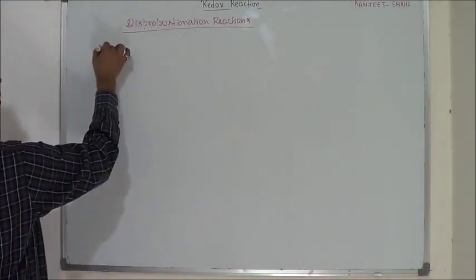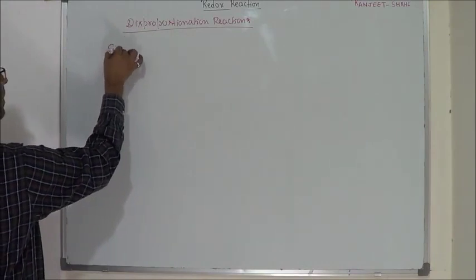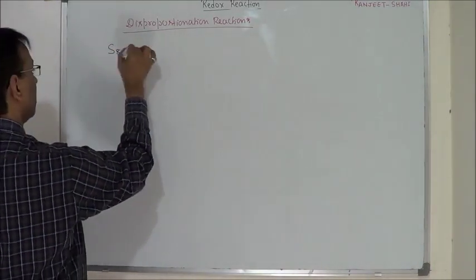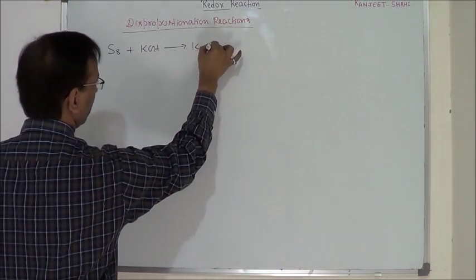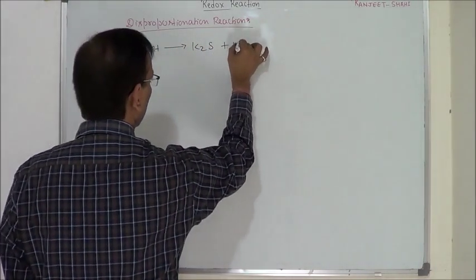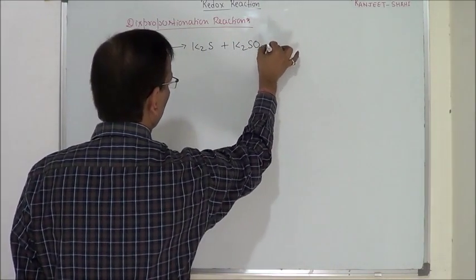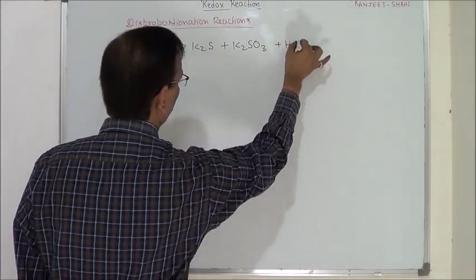Let us take an example of S8 plus KOH giving K2S plus K2SO3 plus H2O.